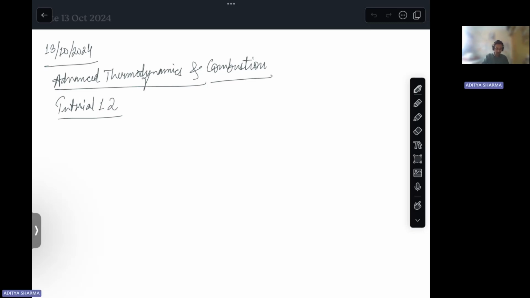In droplet evaporation, first we are seeing the mass transfer. We have a droplet of fuel. It gets heat from the surroundings, maybe initially in the form of some spark, and after that some portion from the surface of this droplet starts evaporating.